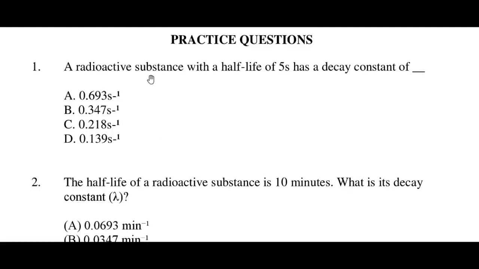Number 1: a radioactive substance with a half-life of 5 seconds has a decay constant of dash. Alright, so we are given the half-life to be 5 seconds, and they ask us for the decay constant, lambda. You know that lambda equals 0.693 over half-life, which is 5.